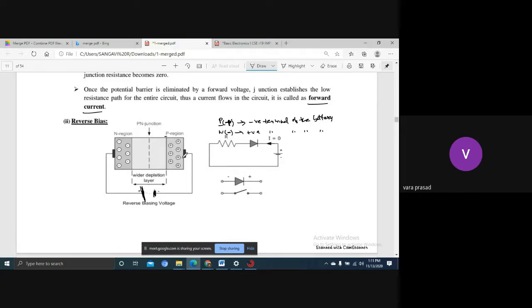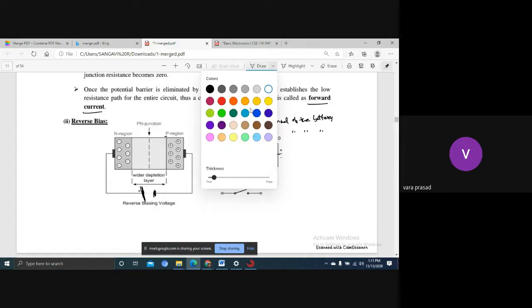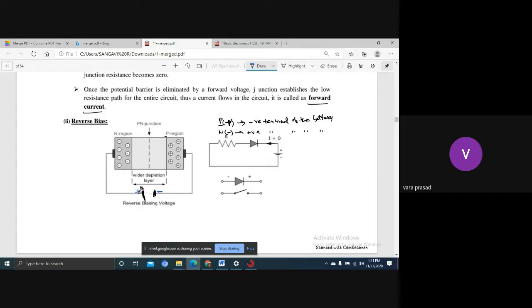In the P region, the positive charges, the holes, are connected to negative, so they attract. Holes move towards the battery and electrons move towards the battery, moving away from the junction. Electrons move in this direction, holes move in this direction.